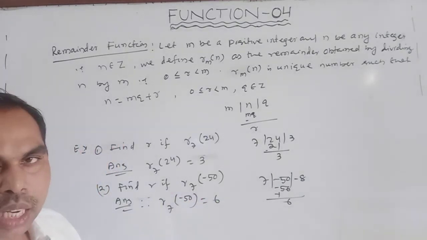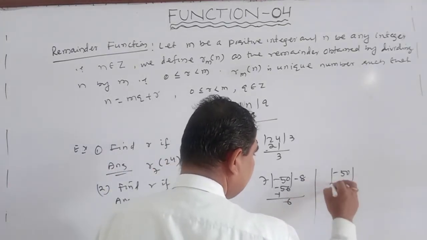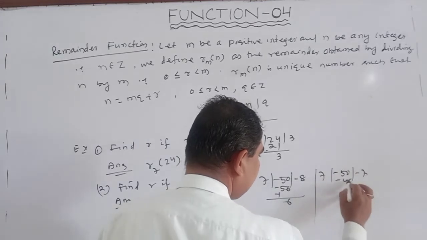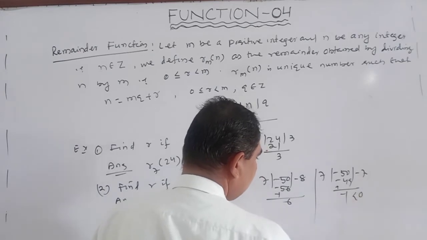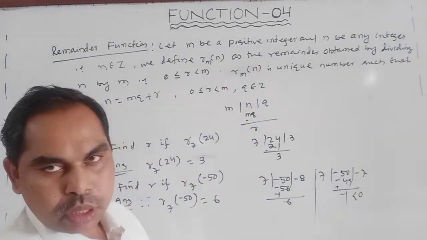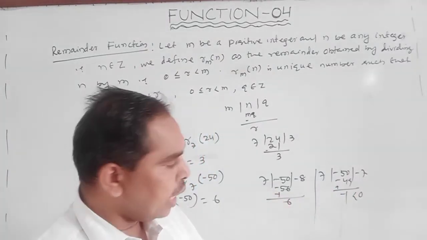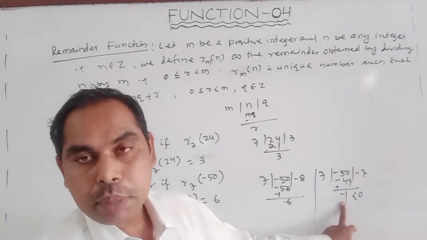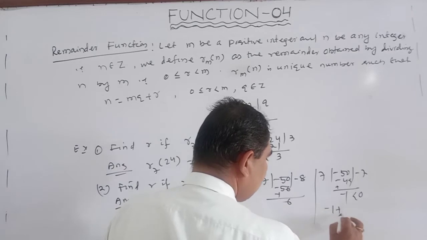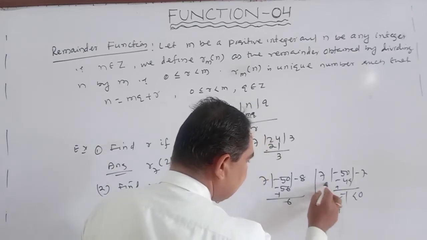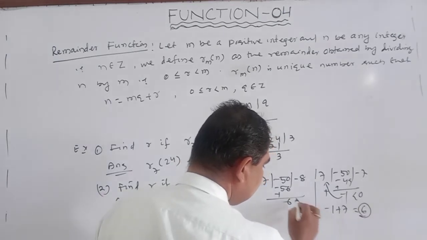The remainder is always greater than or equal to 0. If we take minus 7 and minus 49, the remainder is minus 1, which is wrong because it is less than 0. The remainder is never negative, so it is not equal to minus 1. In this case we can use another method: minus 1 plus the divisor, minus 1 plus 7 is equal to 6. So 6 is the remainder.